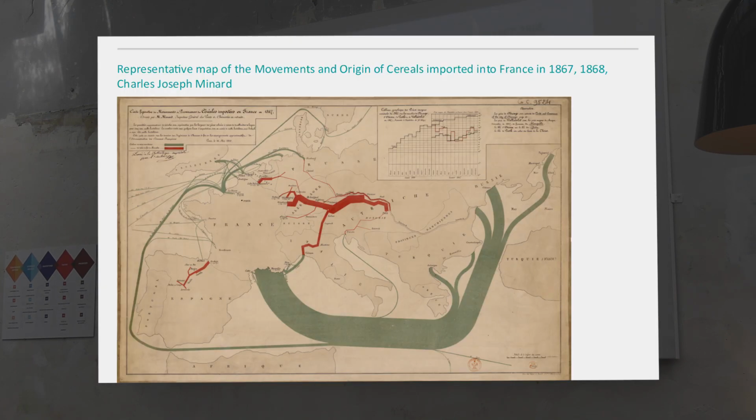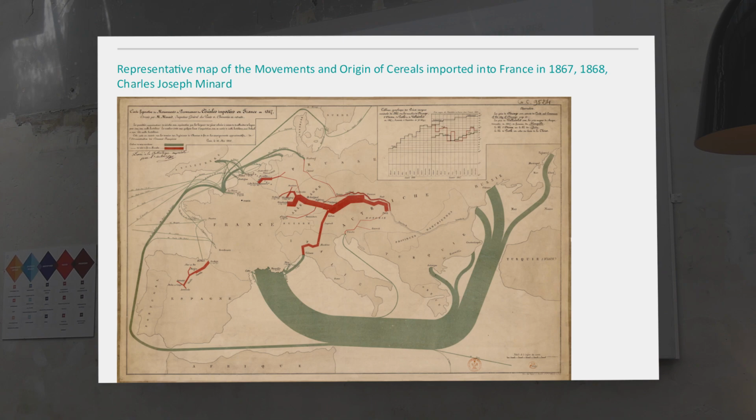So Charles Joseph Minard, another remarkable Frenchman, developed a series of what he called cartes figuratives. We translate this as representative maps, using geography to frame the flow of people and goods. This one shows in green the quantity of grain imported to France from Russia and Ottoman Turkey by sea.